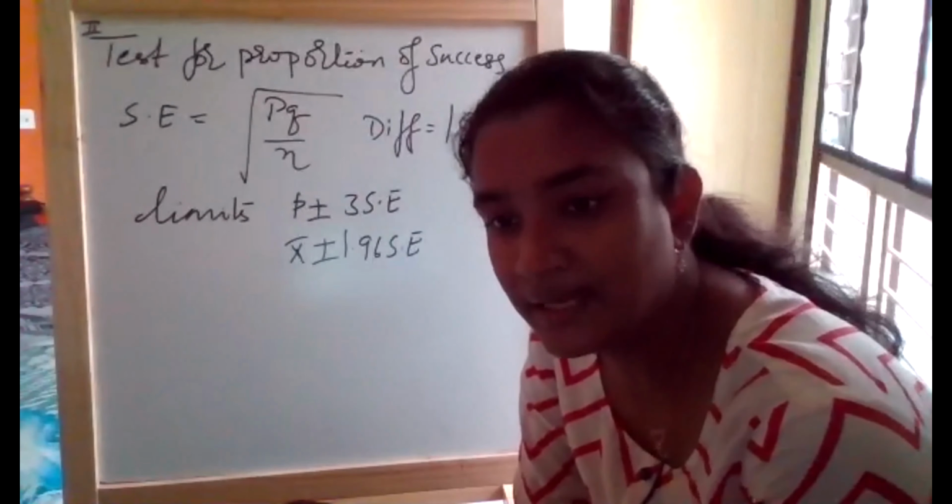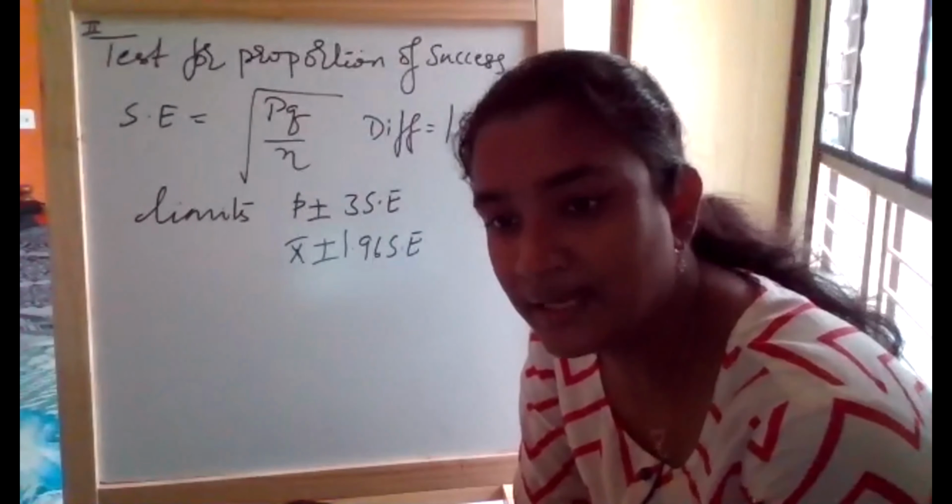Okay, girls, it depends. Whatever values you have as per the given information, based on that you can take any of the formulas. If P is not there, if it is not success, and the mean value is given to you, which is X bar, then it is X bar plus or minus 1.96 into standard error. That means it is at 95% level of significance.